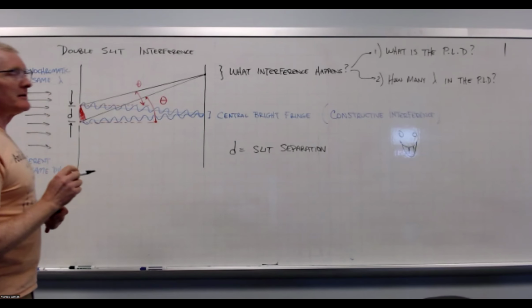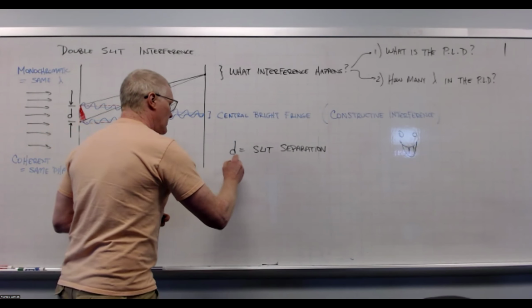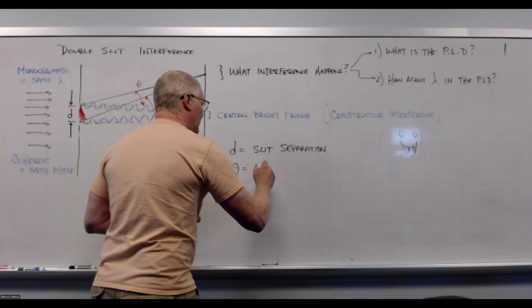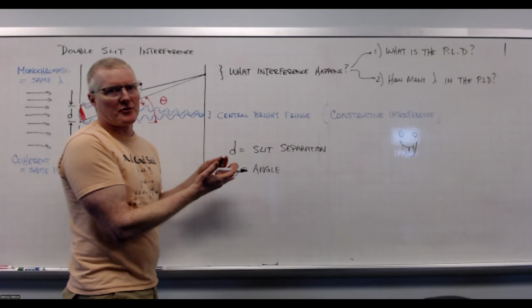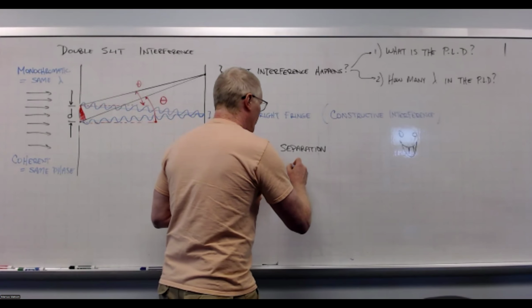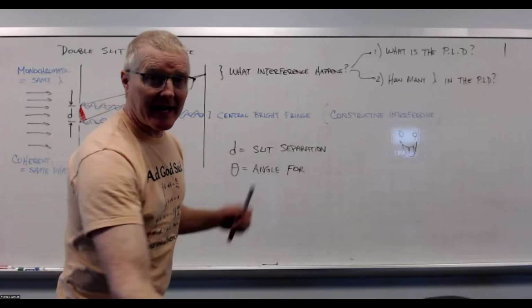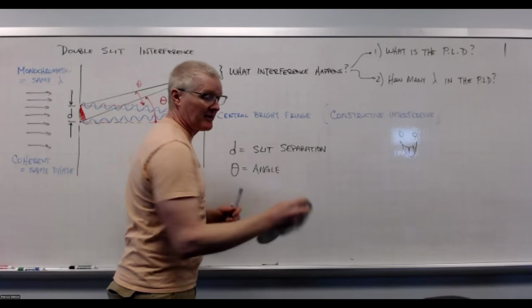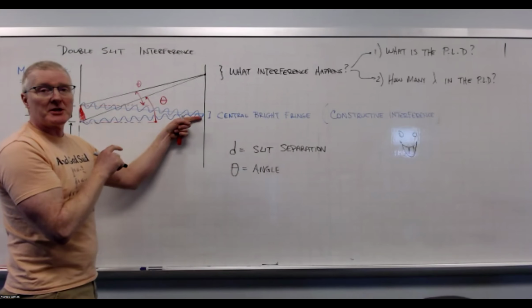And theta is the angle from horizontal, as the way we draw it. Technically, this is not a horizontal angle, because you could take the whole thing and rotate it around. Really, it's the angle from the central maximum.